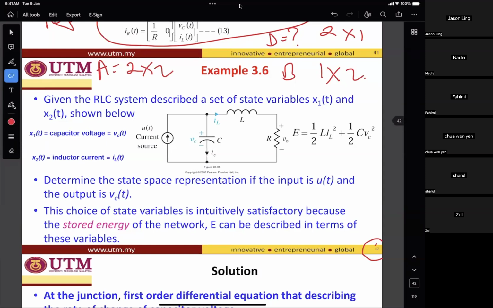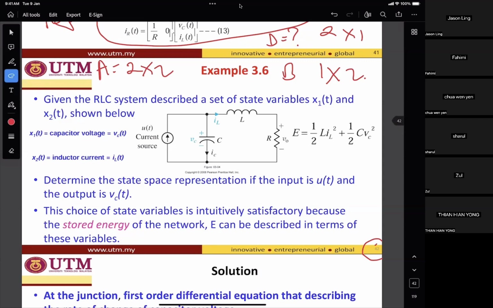Nadia is not here. Intuitively. I'm here. What is intuitively? Direct reception. Not according to the function, intuitively.